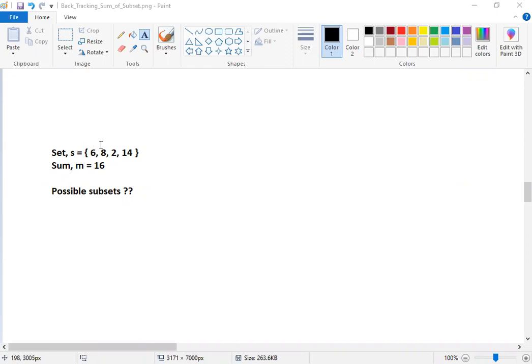Then you may start with the left child as +6, and then go with +8, and further down until you get a 16 value, and try to find out how many possible subsets we can derive here. If you just glance through these numbers, the possible values are going to be 2 solutions here. So try to find out those 2 solutions and get the answers.